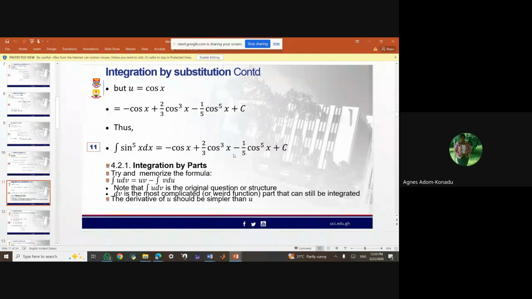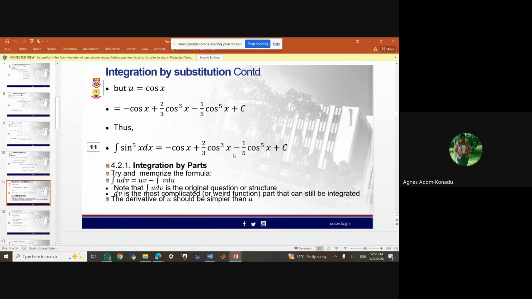Okay, so if you have no questions, then it means that you have to look for more examples, because with every example you learn how to use the u substitution. So you have to get more examples, and it will help you to get the understanding. Okay, so we are done with integration by substitution.